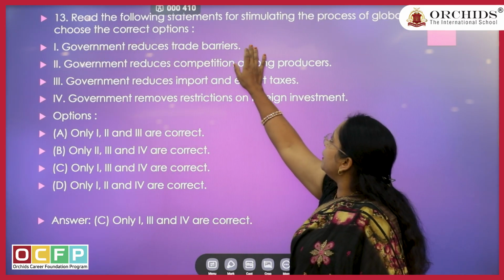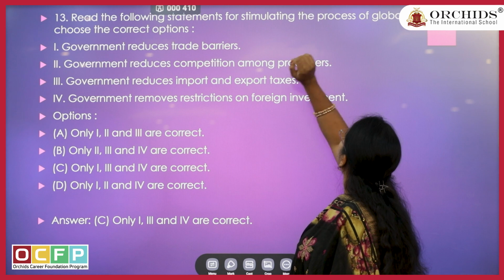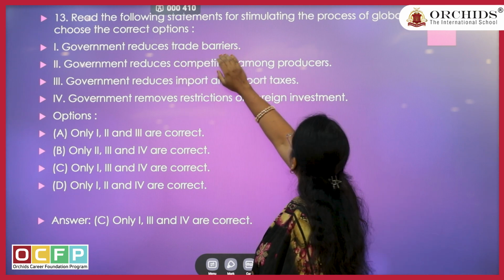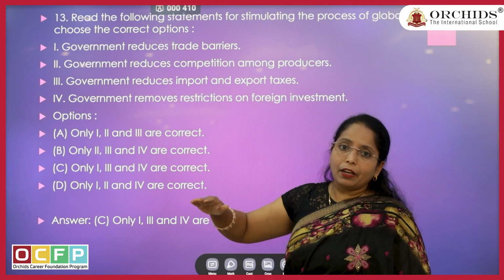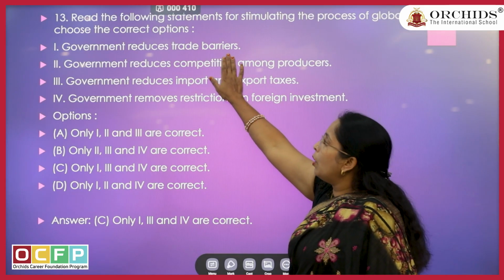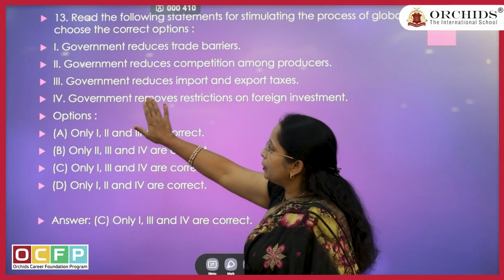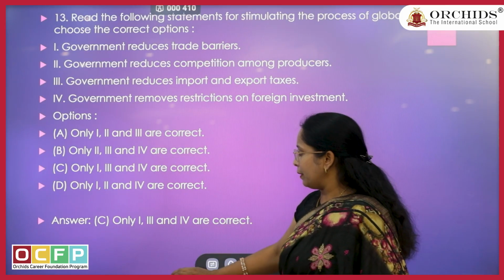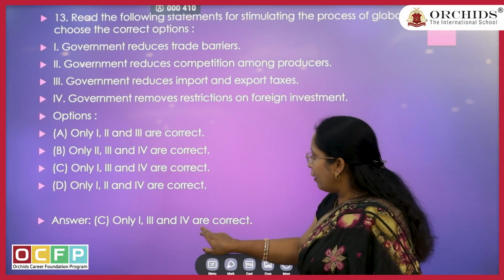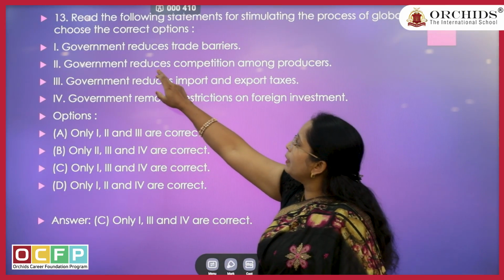Now look at question number 13. Read the following statements for stimulating the process of globalization and choose the correct option. Students, you are aware about globalization, right? Now these are the options. If we choose, which is the right one? C is right: 1, 3 and 4 are correct. What is 1 here?